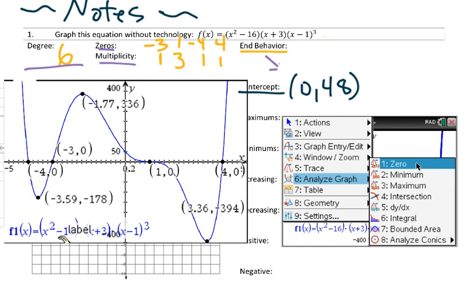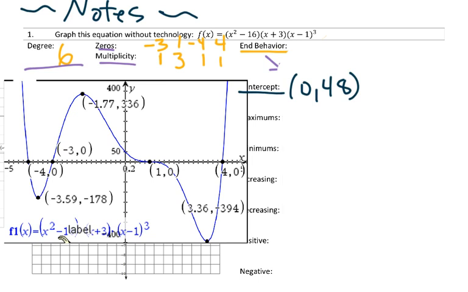When you've graphed it, notice I went to window zoom and went to window settings. I went 5 and negative 5, 400 and negative 400 to get my graph a good picture. So we had the basic graph, right? So that was awesome. Then if I hit menu and go to analyze graph, notice I have zero, minimum, and maximum. So again, using that tool, I can find all those pieces of information.